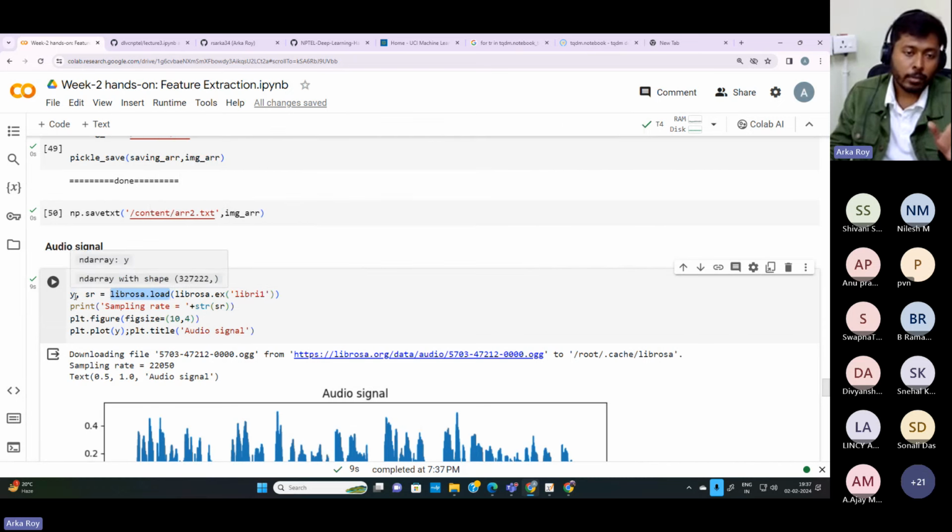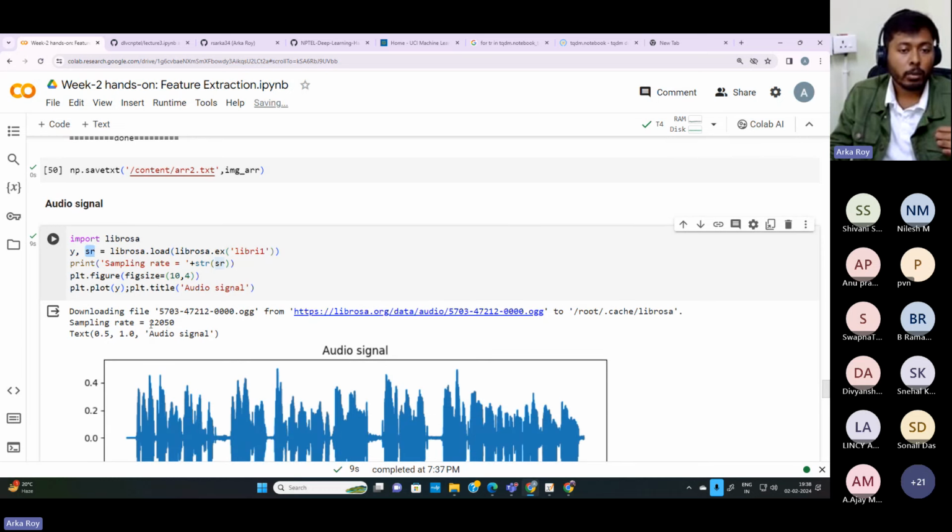Each and every sound file will have the data that is inscribed in the audio file and the sampling rate. That means at what frequency the sample has been collected. Over here, the sampling rate is 22,050. With this sampling rate, you have sampled the signal.